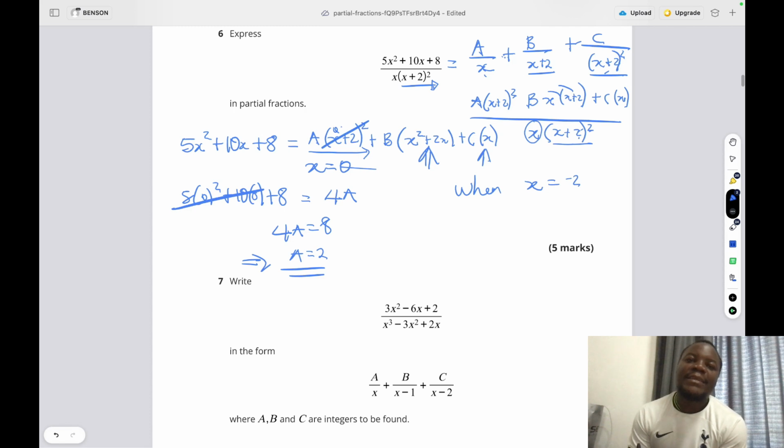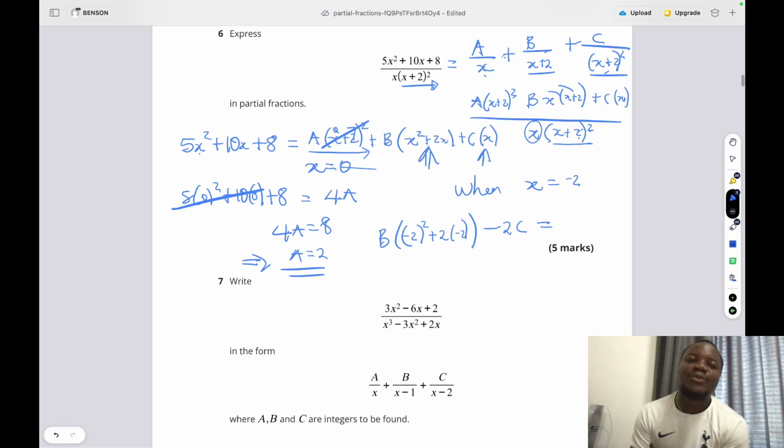So this a is going to disappear, but my right hand side is going to remain with b multiplying negative 2 squared plus 2 times negative 2, minus 2c. Now this whole thing is going to be equal to this.